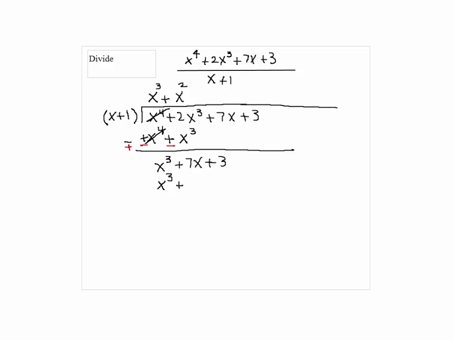What times x gives you x to the power of 3? That would be plus x to the power of 2. We multiply x to the power of 2 by this binomial. x to the power of 2 times x would be x to the power of 3. x to the power of 2 times 1 would be plus x to the power of 2.